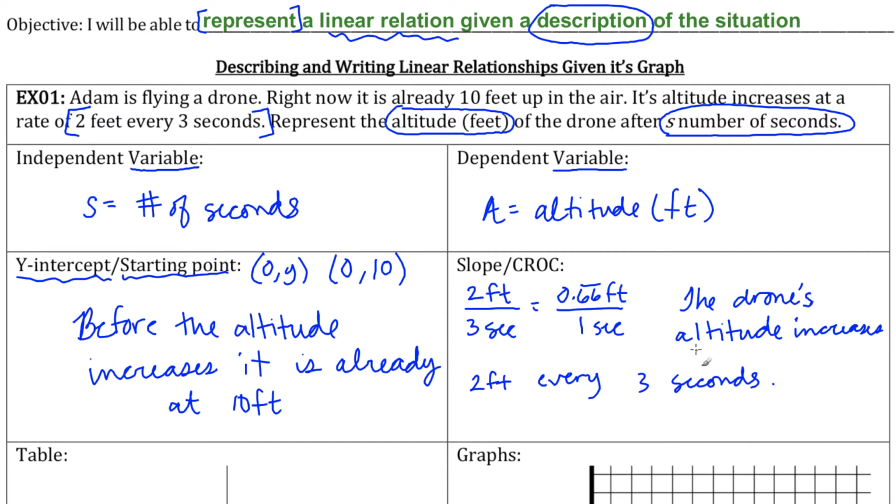And instead of writing the whole thing over, I want to use the unit rate just because I want to. That means that the drone's altitude increases, instead of 2 feet, we'll put 0.66 feet every 1 second. That way we don't have to write the whole thing twice.